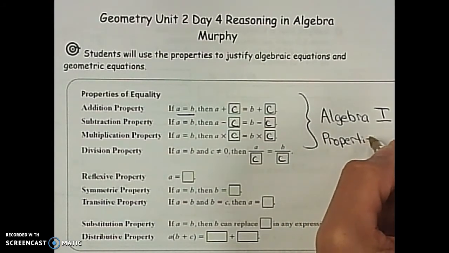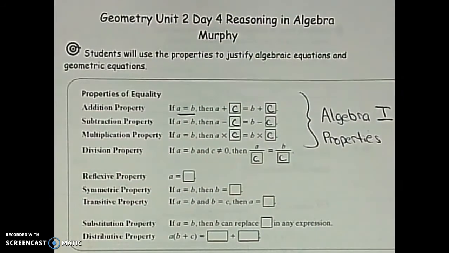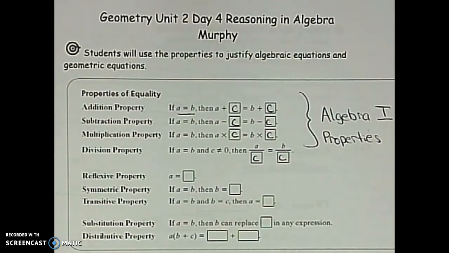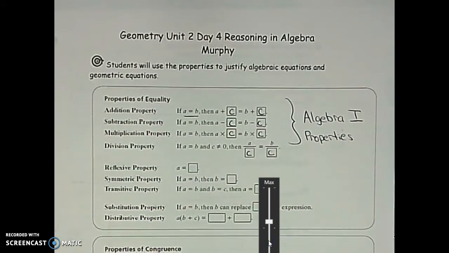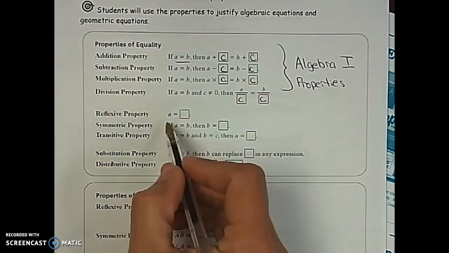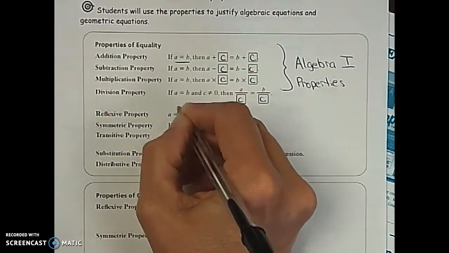So today we're going to look at a few geometric ones as well, and I want to point out you've got reflexive up here, but you also have reflexive down below. Let me zoom out for just a second so you can see that. The only difference is the reflexive property up here is for equality.